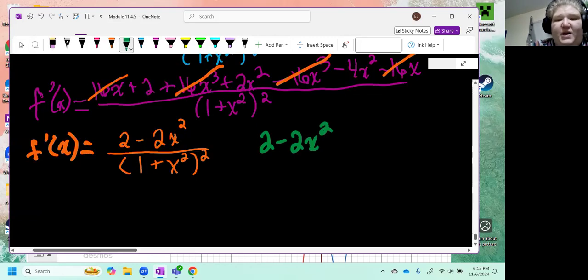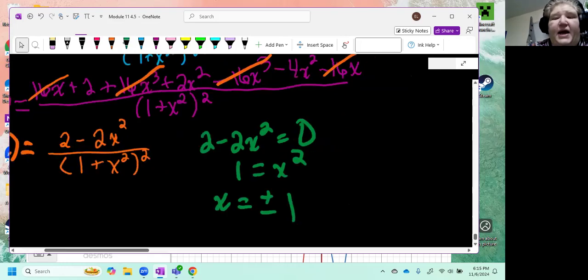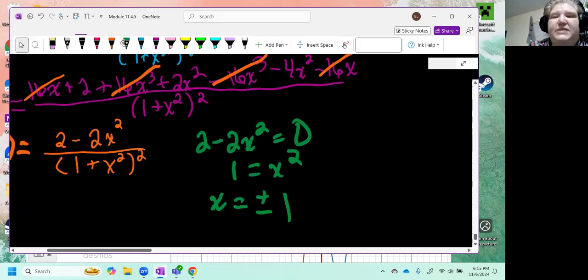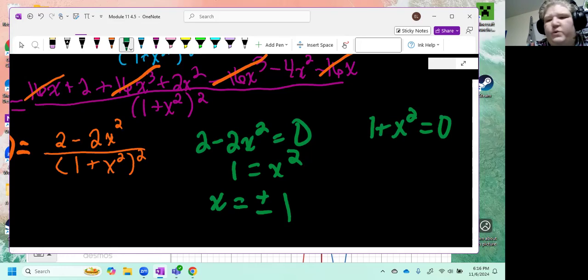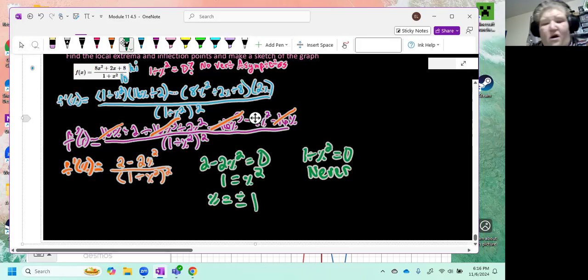So I got 2 minus 2x squared equals 0, which gives me 1 equals x squared. So we get plus or minus 1. All right, so we get two critical values there. Nice. And then the 1 plus x squared, I minus the 1 and then try to square root. No, this doesn't happen. Which we learned earlier because that's what we checked for vertical asymptotes. All right, so our only critical values are positive and negative 1.